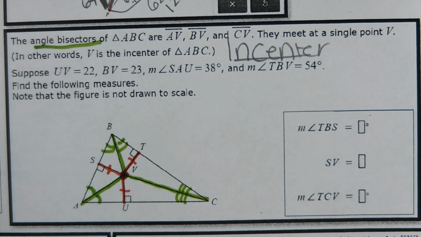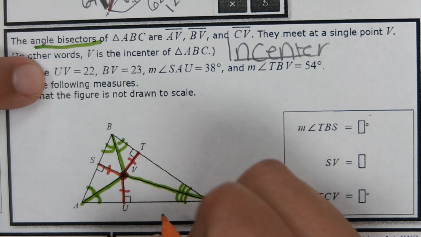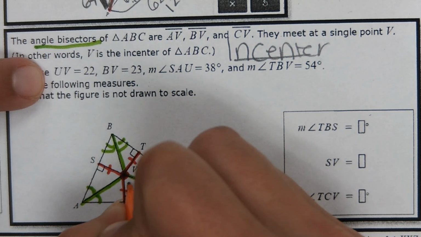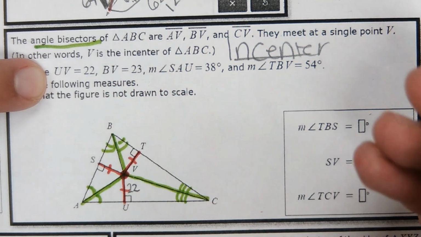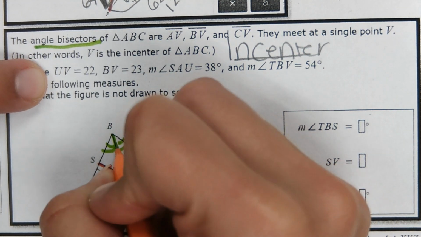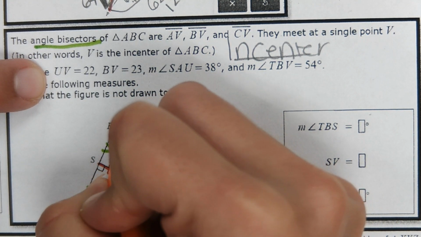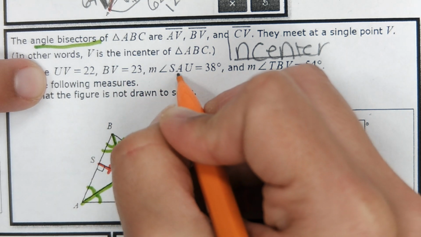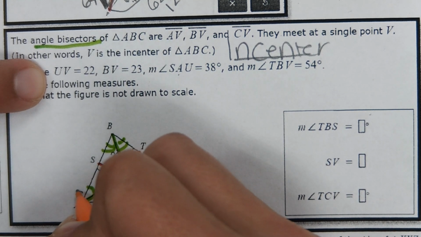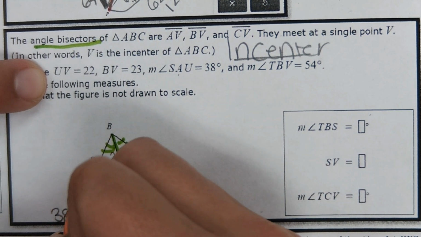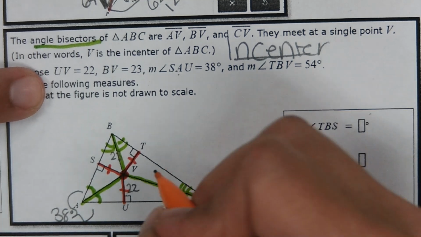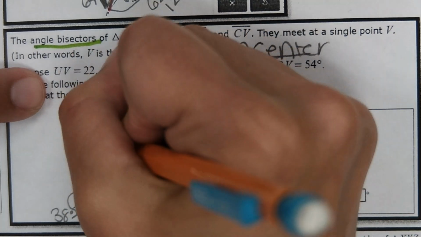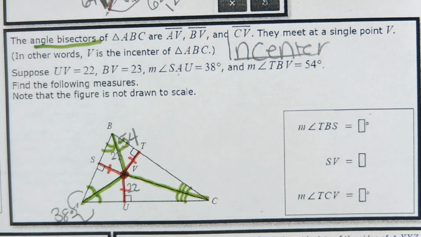Okay, so then looking at what they gave us, I'm going to label this UV, right here it would be 22, BV is 23, SAU, so this whole angle right here is 38 degrees, and it says TBV is 54.